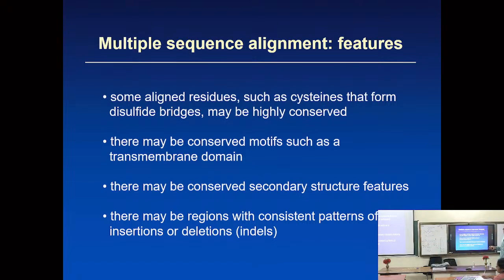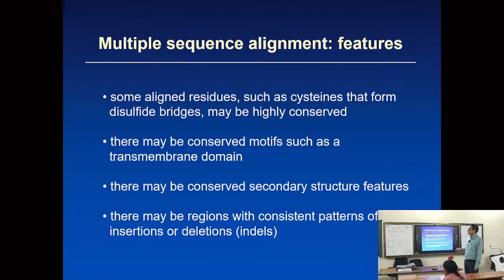There may be conserved secondary structure features, and you will also see consistent patterns of insertions or deletions. So gaps often appear together: ungapped regions, then gaps, then ungapped regions, and then gaps, right? So consistent patterns of gaps. These are the features of multiple alignment.